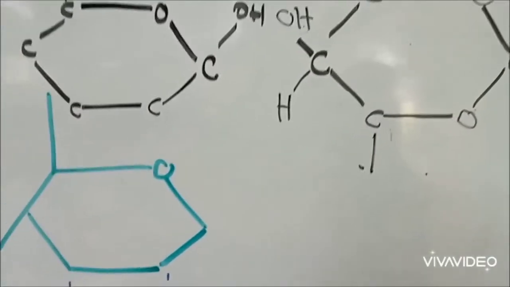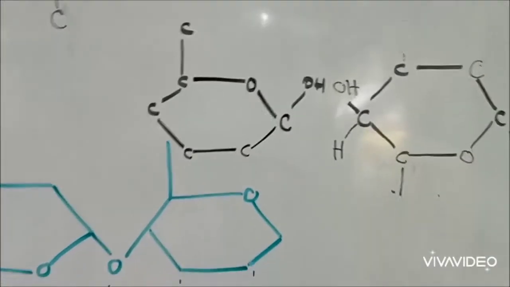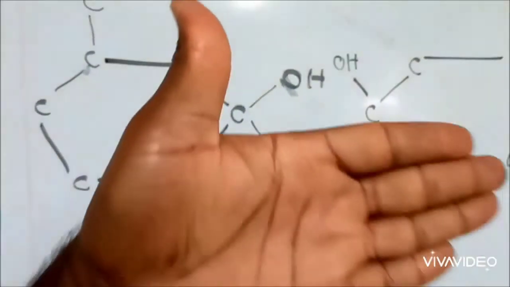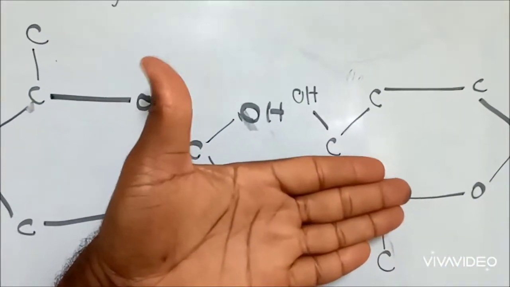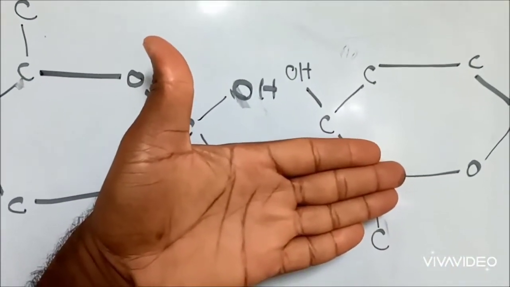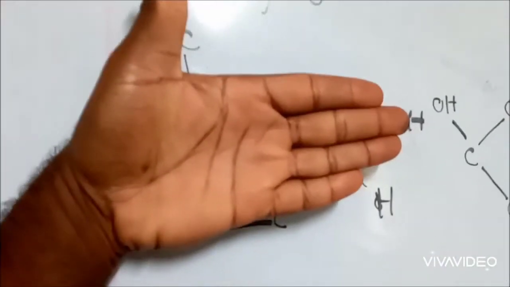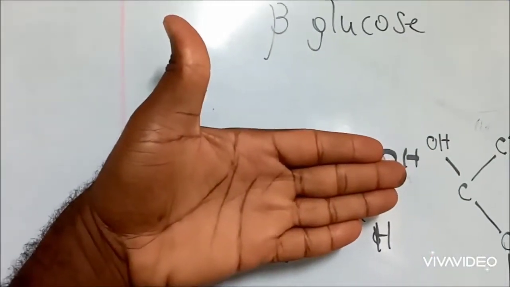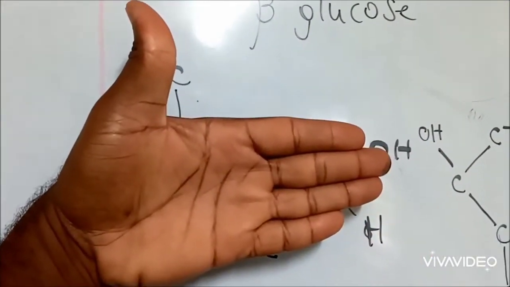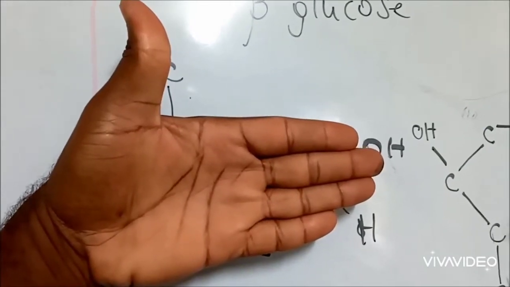In other words, if I set my hand like this, my thumb represents carbon 6. So if this is beta glucose 1, my carbon 6 is up there, so you use the carbon 6 to keep track.